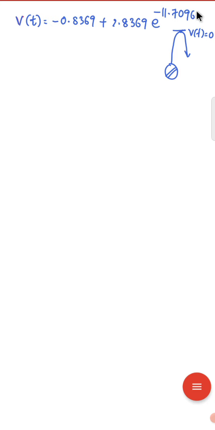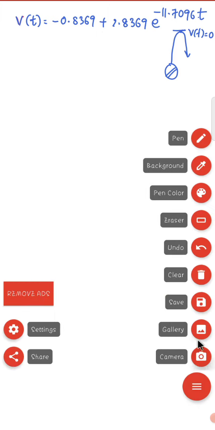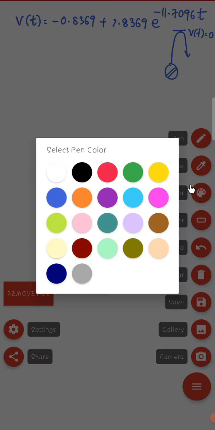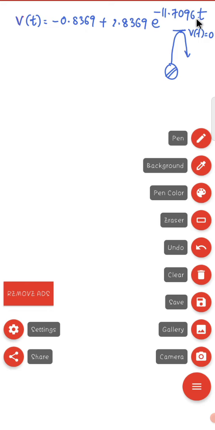Okay, we find in terms of x. So let's say the equation here is t. Not in terms of x, in terms of t.